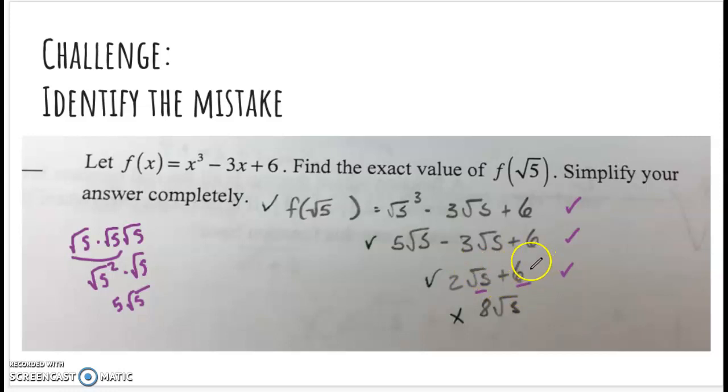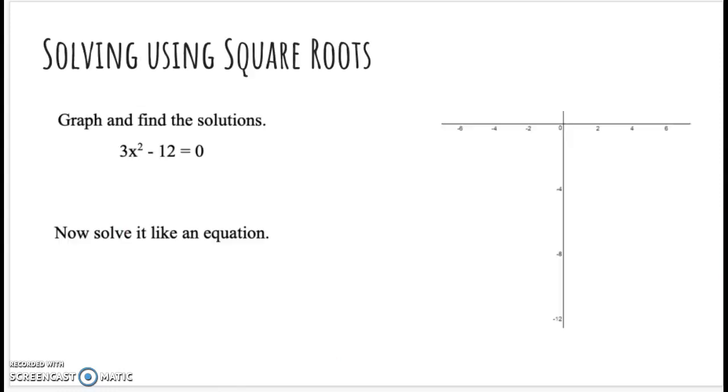The 6 would have to have a square root of 5 attached to it by multiplication for us to be able to add it to this 2 square root of 5. So this spot right here is where you have to stop for this problem. All right, so let's take a look at solving using our square roots.